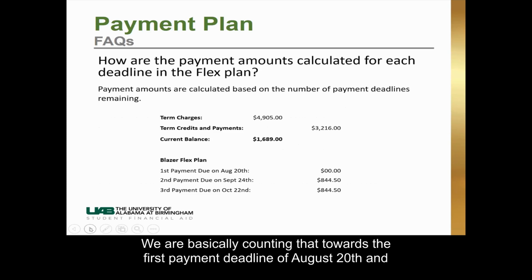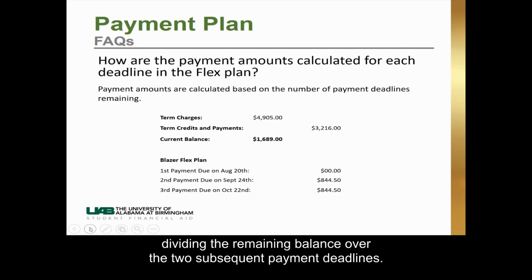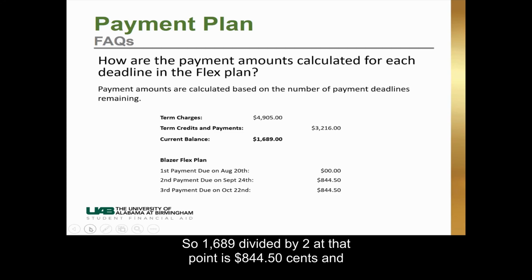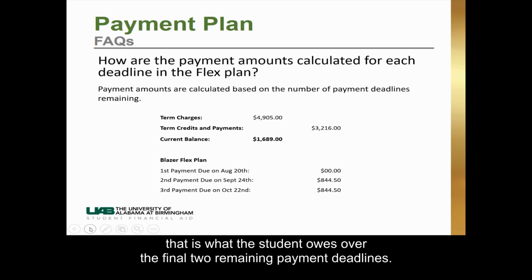We count that towards the first payment deadline of August 20th and divide the remaining balance over the 2 subsequent payment deadlines. So 1,689 divided by 2 is $844.50, and that is what the student owes over the final 2 remaining payment deadlines.